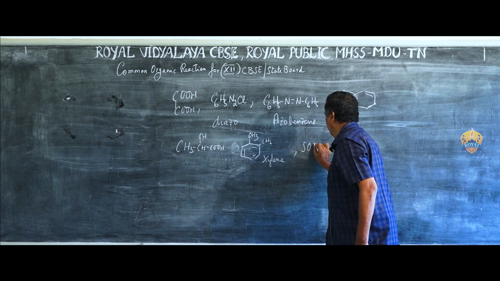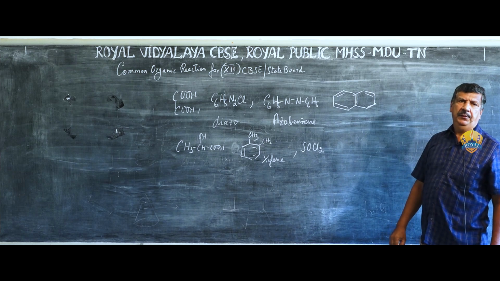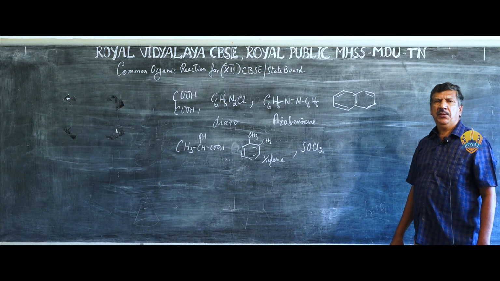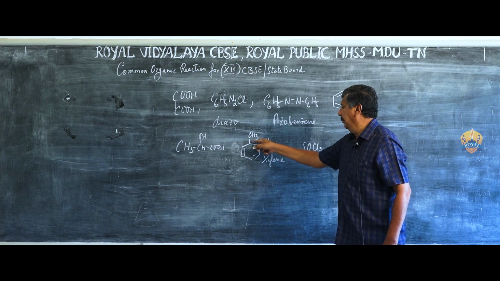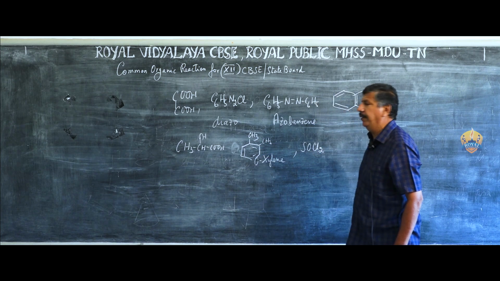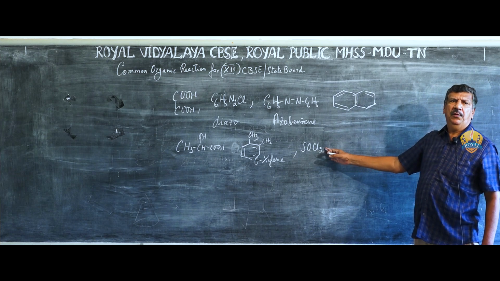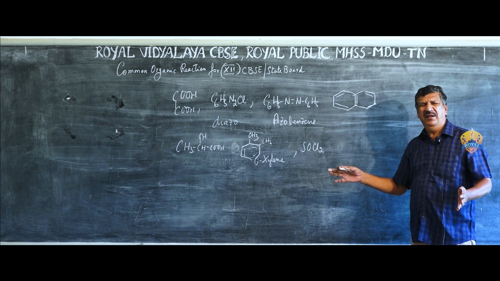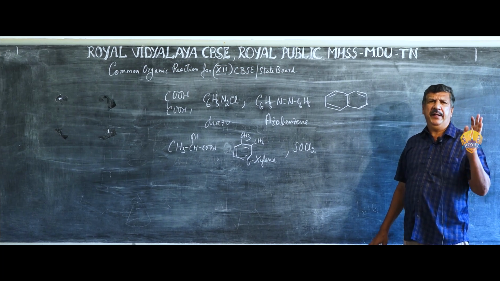This is called thionyl chloride. Here, very close means this is called orthoxylene. These are some of the other compounds of organic chemistry.